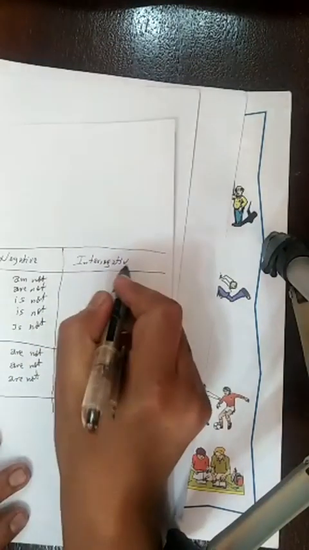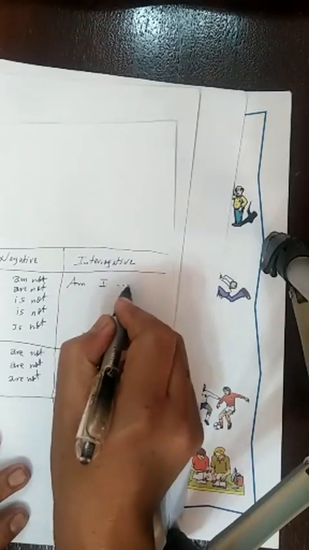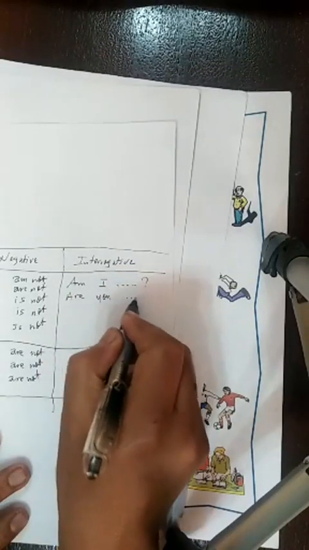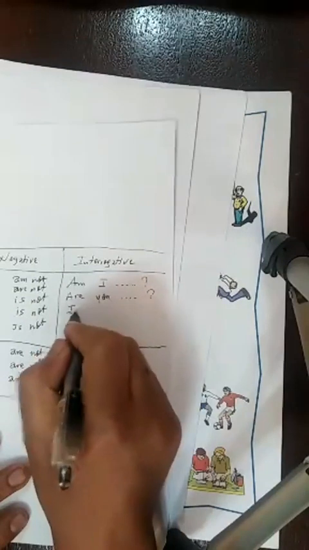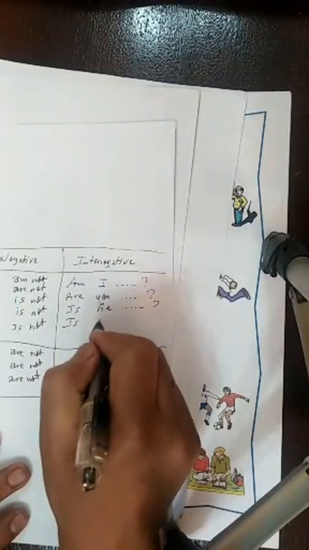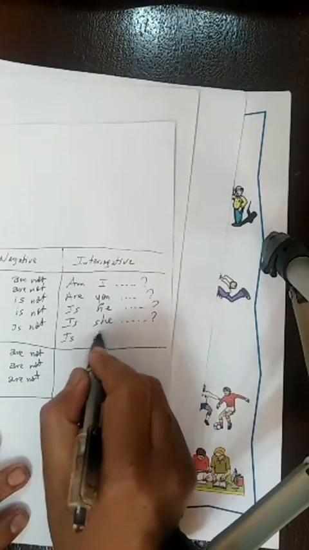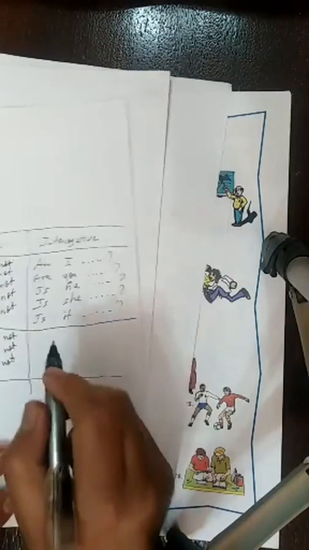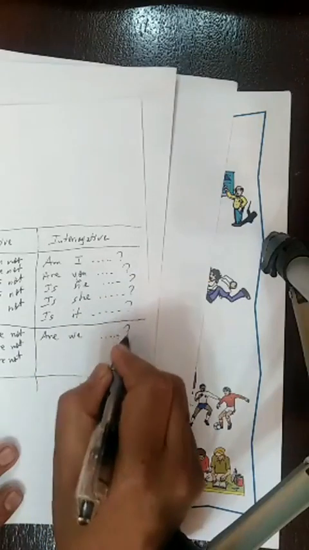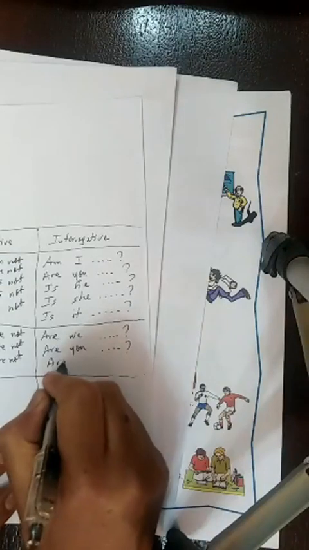Now for the interrogative form, we say am I, are you, is he, is she, and is it. Now are we, are you, and are they.